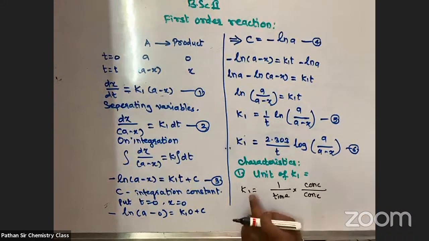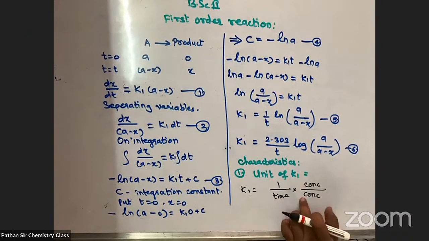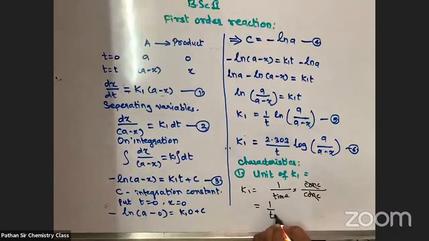So unit of K1 is equals to 1 upon time into concentration divided by concentration. Both cancel, and what remains is only 1 upon time.